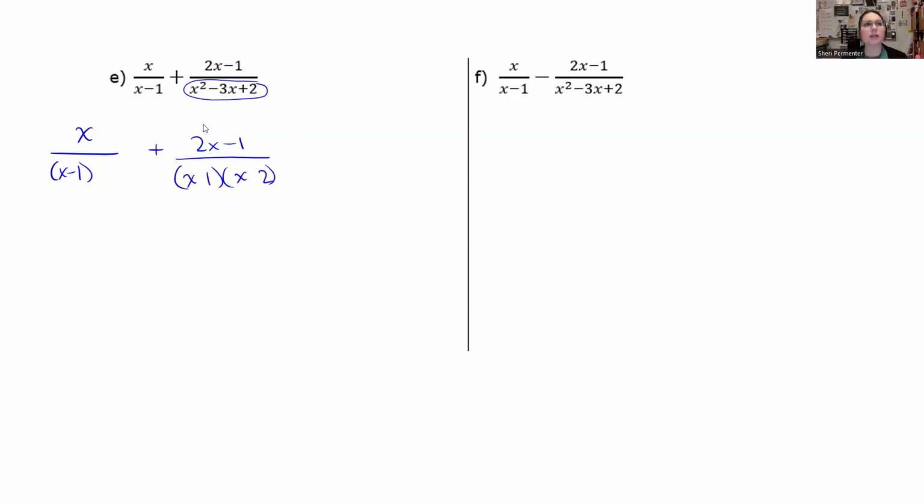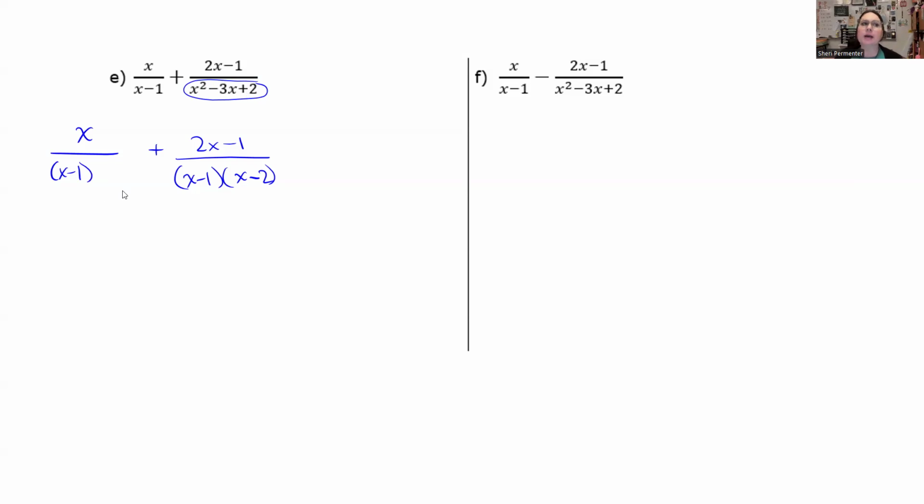If I put 2 and 1 in the parentheses, the middle term is negative, so the bigger number has to be negative. So 2 has to be negative. And if I have negative 2, I would have to subtract 1 to make negative 3. And I double check: a negative times a negative is going to multiply to give me a positive. So I'm good. I'm factored.